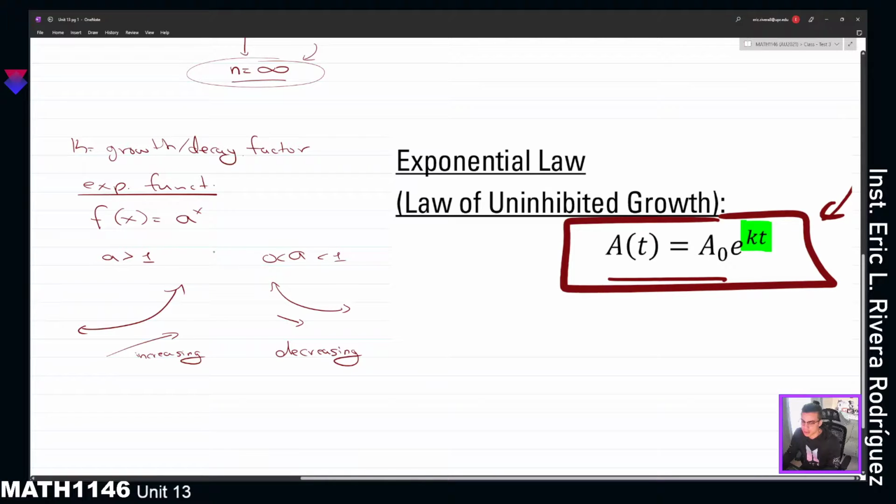Can you tell me how or why k is the growth or decay factor?